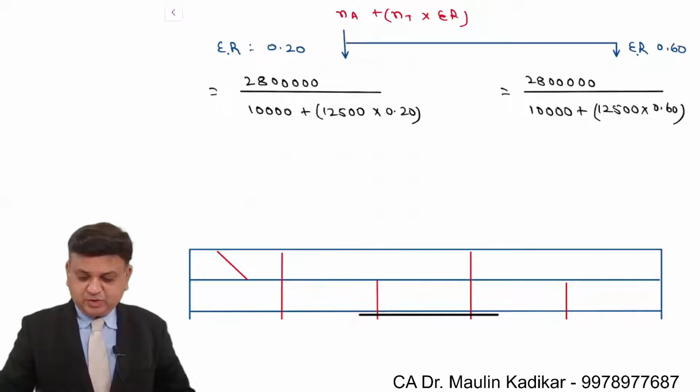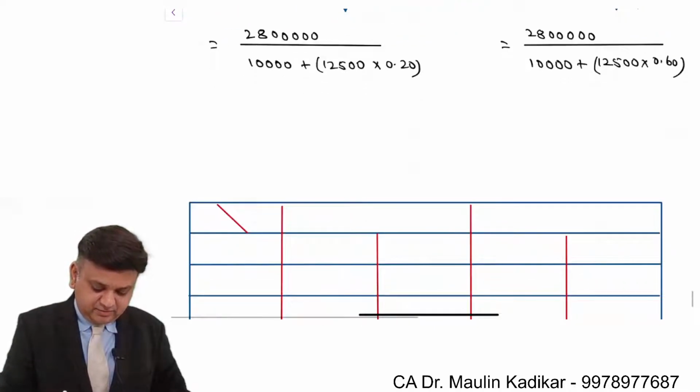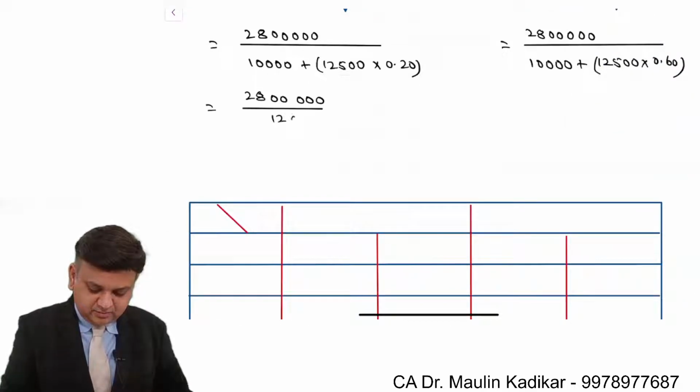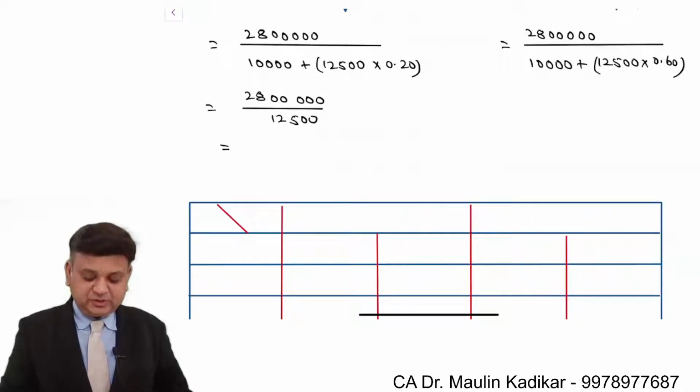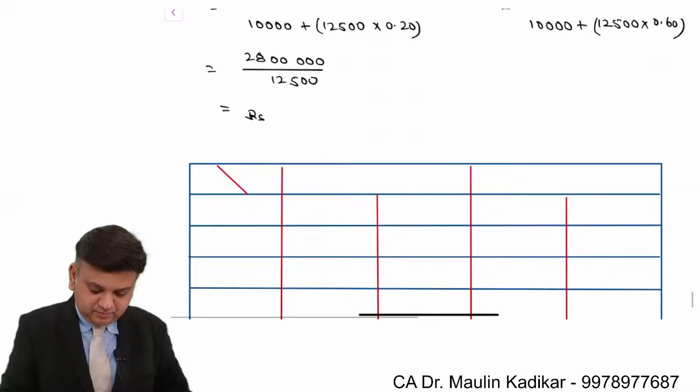So I request you to use your calculator. 12,500 into 0.2 comes to 2,500, plus 10,000, so it is 12,500. So 28 lakhs divided by 12,500, the market price per share is rupees 224.